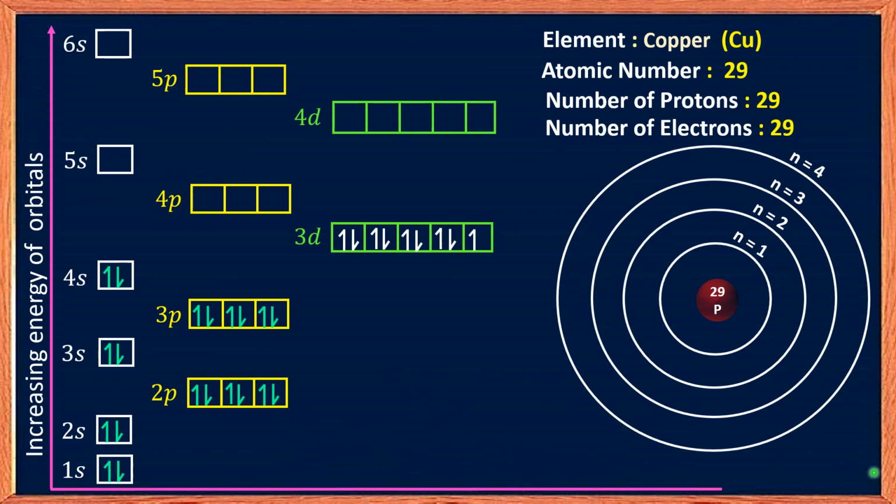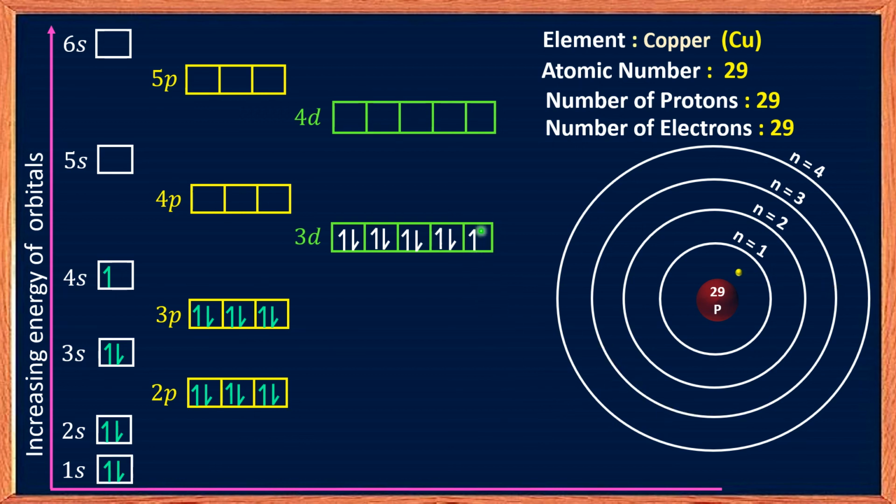So let us see here. Let us take this electron back into its position. It was there in 4s, and this electron jumps into the third orbit, and this electron enters into the 3d orbital.